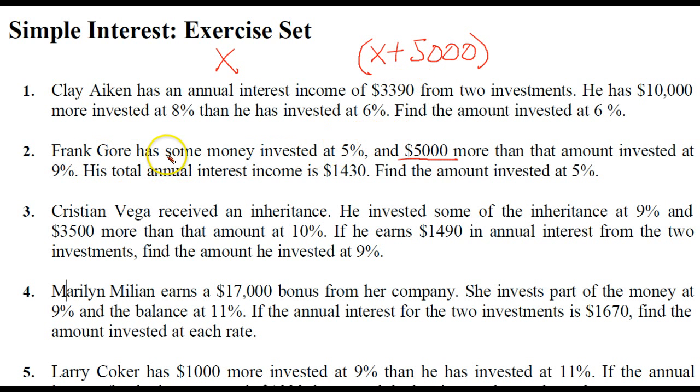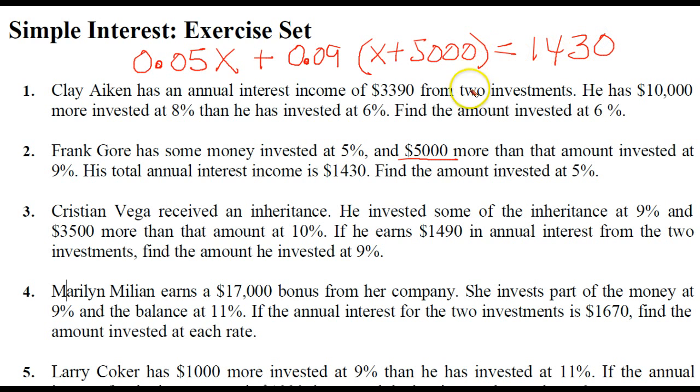Now, Frank Gore had some money invested at 5%. So this is the amount he had invested at 5%. And 5,000 more invested at 9%. So this is the amount he had invested at 9%. And his total interest for the two of these is $1,430.